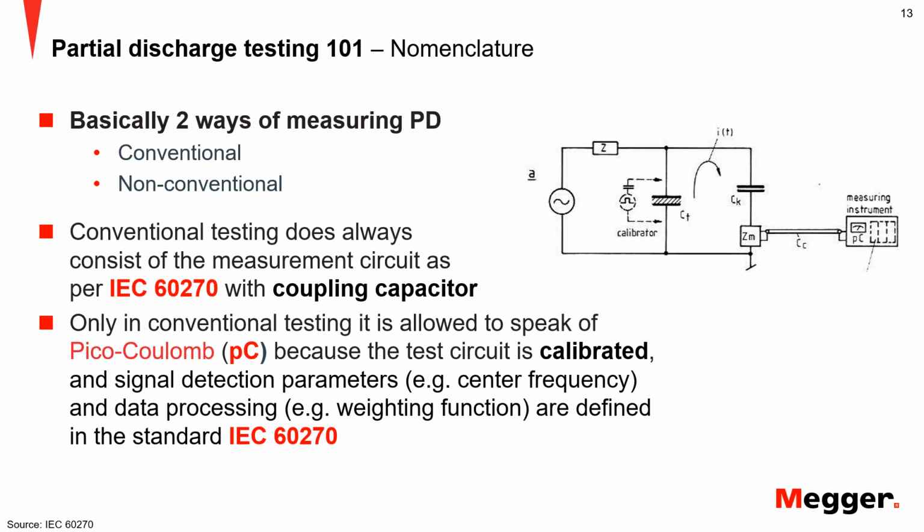Just as a takeaway message, there is an international standard that is substantial and that is, for a while now, governing PD testing as a diagnostics tool. And if you do not do it this way, for example, you apply a lot of filtering that is not covered by the standard, or you measure in frequency ranges outside of the standard, or you do anything else, acoustic PD detection or corona camera, or sound or whatever, ultrasound, that is non-conventional.